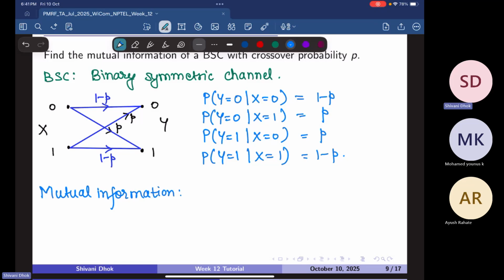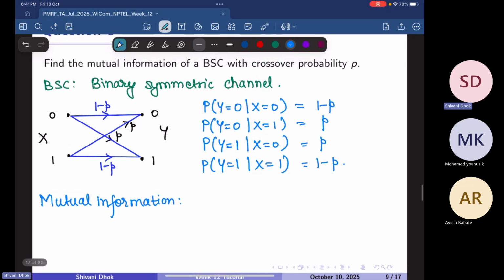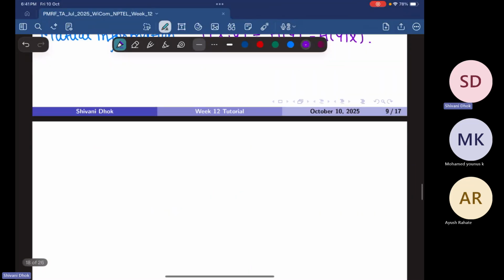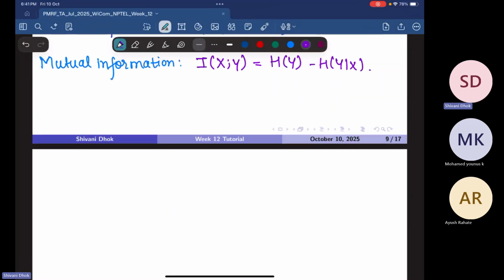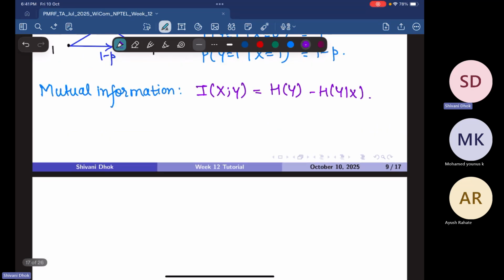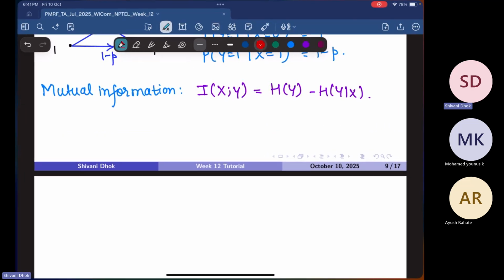This mutual information, that is I of X, Y, is given by H of Y minus H of Y given X. So what things do we need to find out to get I of X, Y?